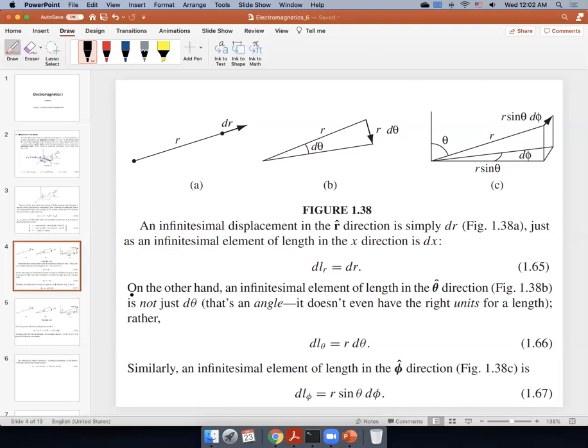Now, a little bit more complicated situation is the infinitesimal element of length in the theta direction. Okay, now let's see.